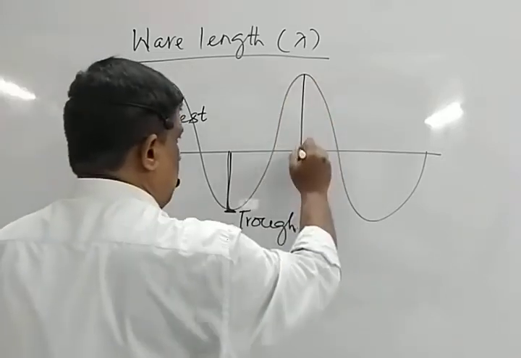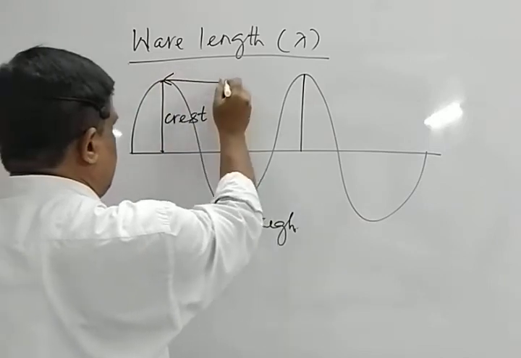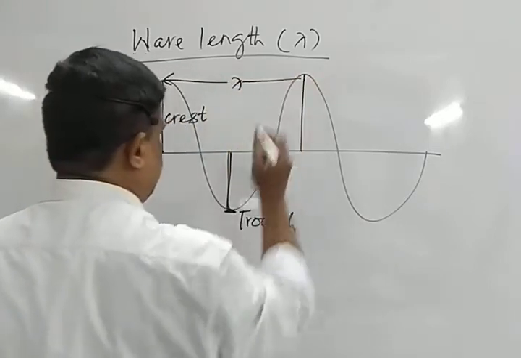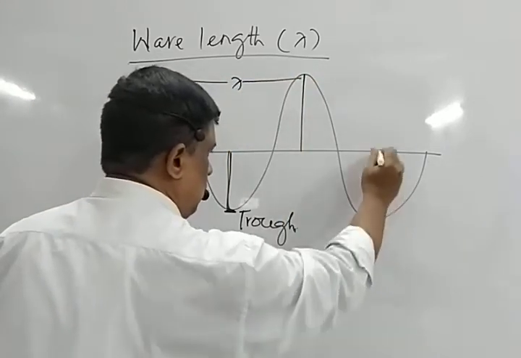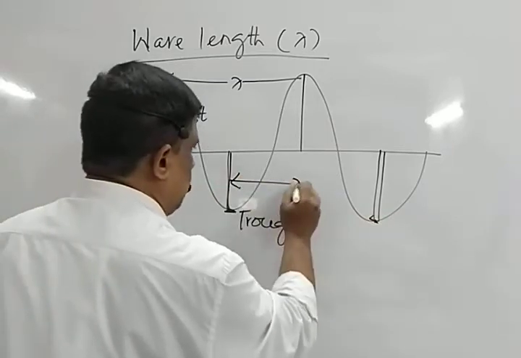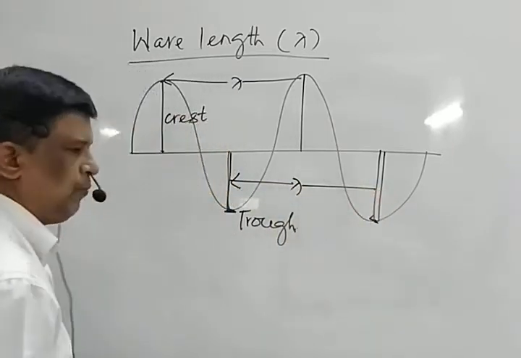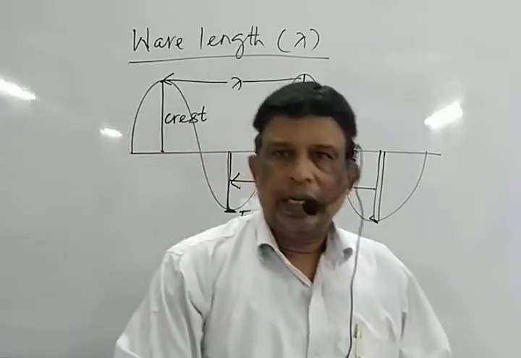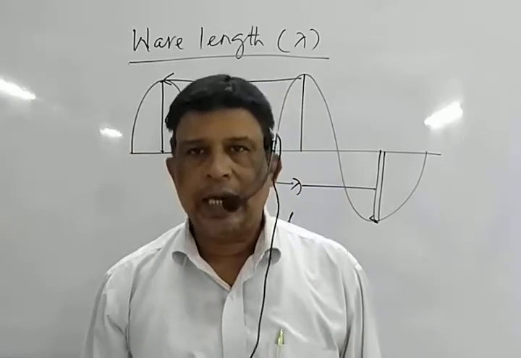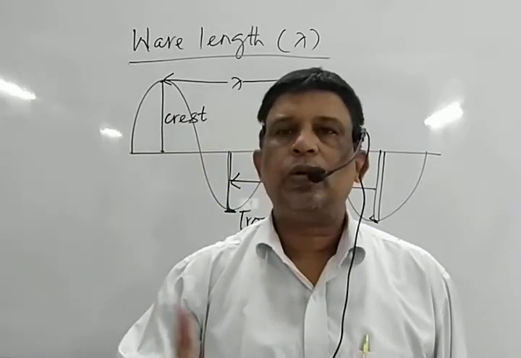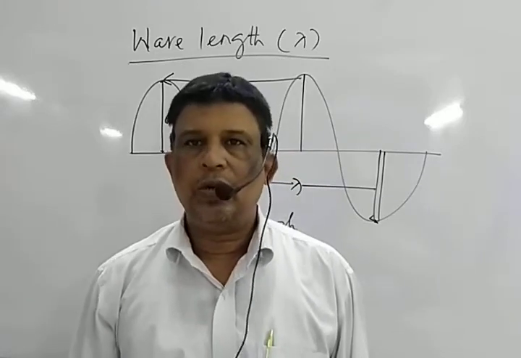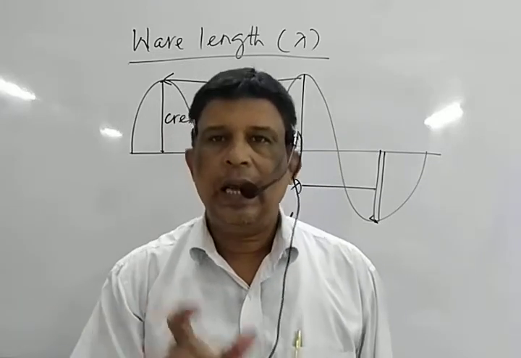So, the distance between two nearest crests or the distance between two nearest troughs is known as wavelength.